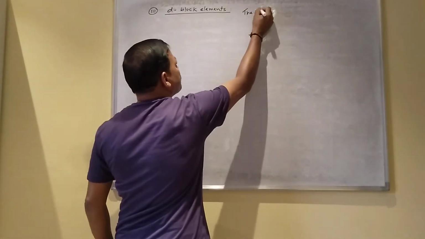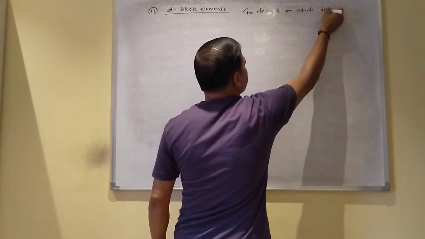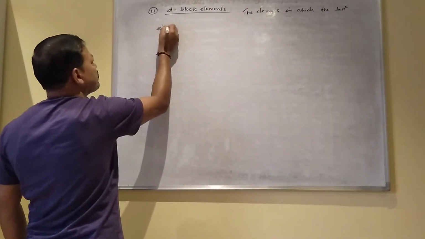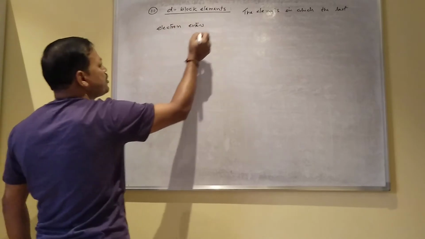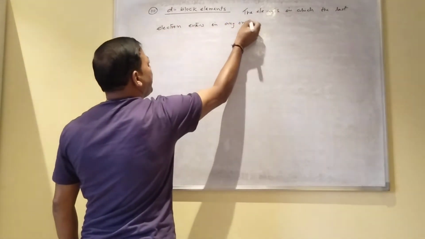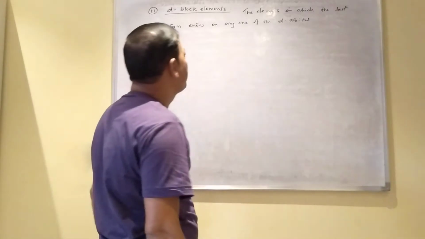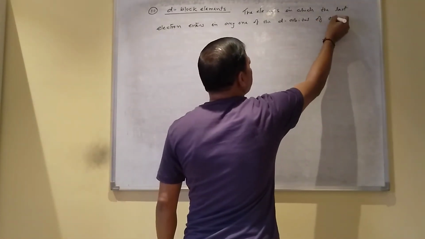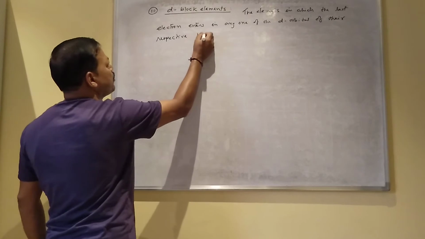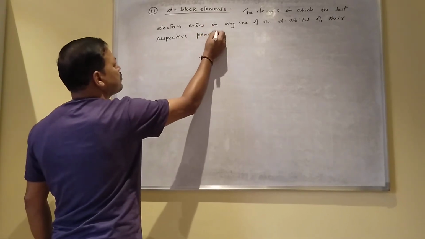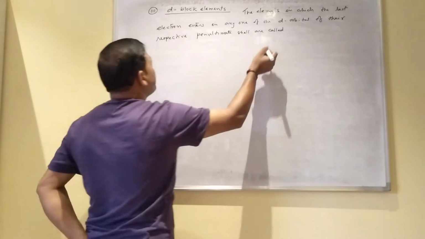The elements in which the last electron enters any one of the d orbitals of their respective penultimate cell are called d block elements.